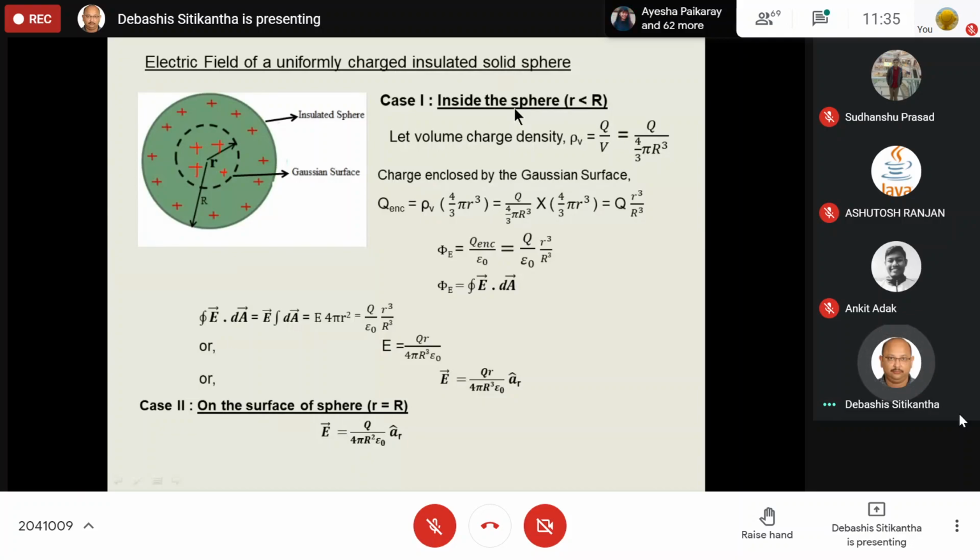Or in other words, the condition is small r is greater than capital R. For that, find the expression for the electric field. Now do it yourself. It is not at all a big deal.